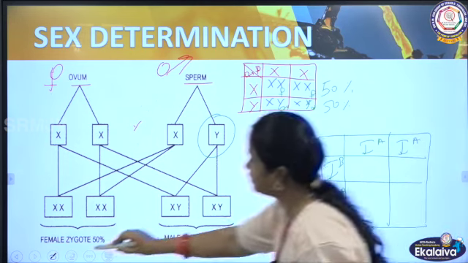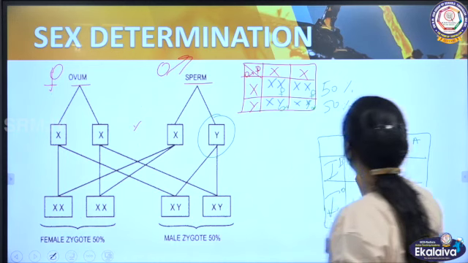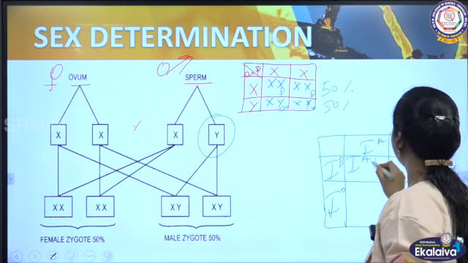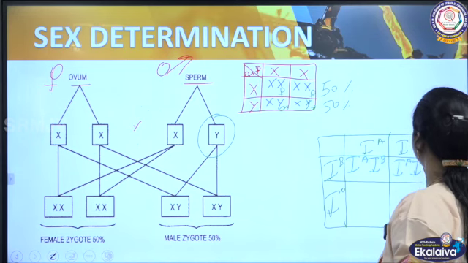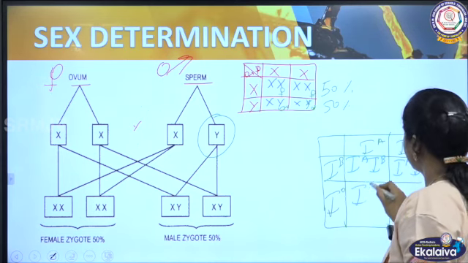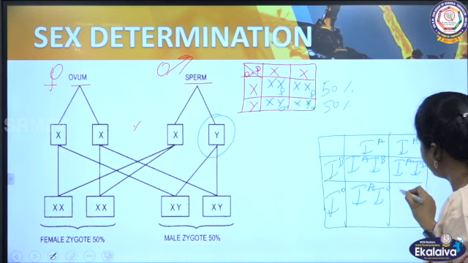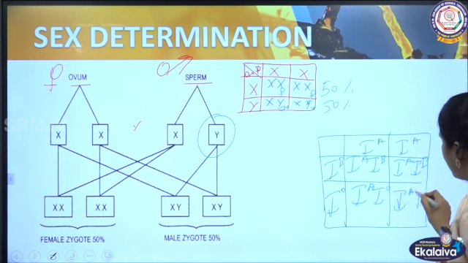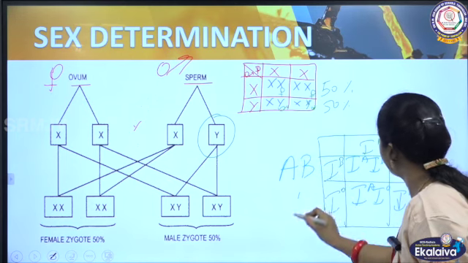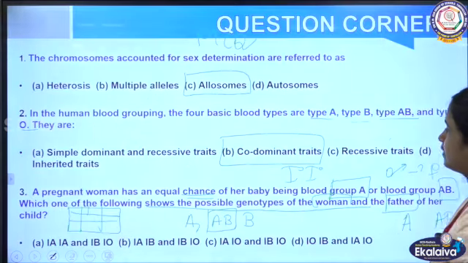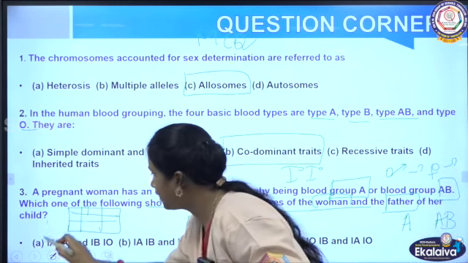Let us intercross this. I^A, I^B, I^A, I^B, I^A, I^O, I^A, I^O. I think we got the blood groups: A, B and A. So let us check whether the answer is right. A, B and A blood group. So this is the right option.